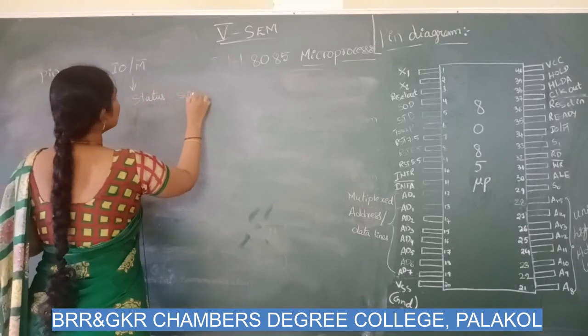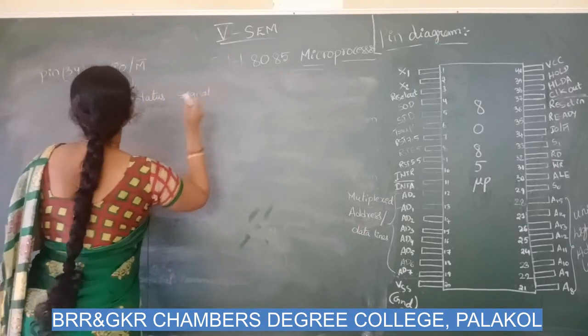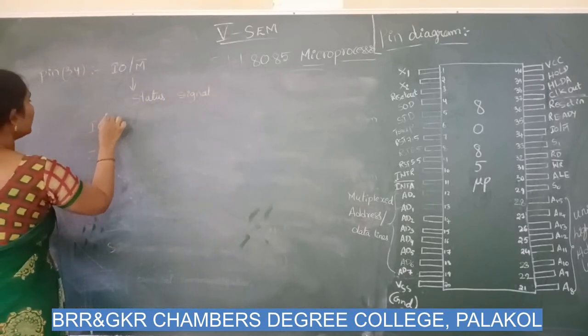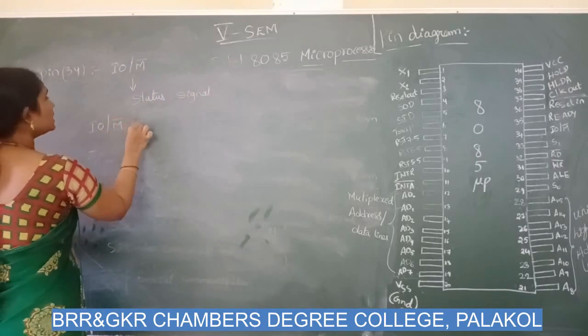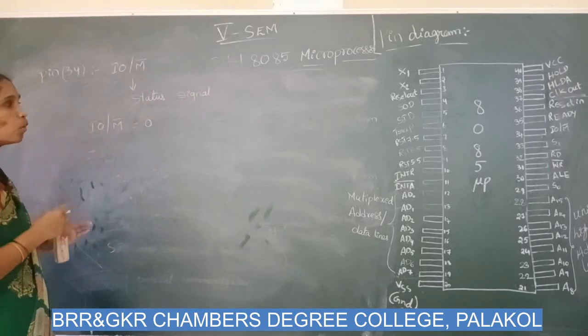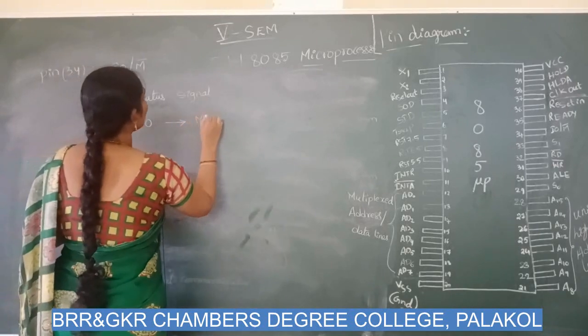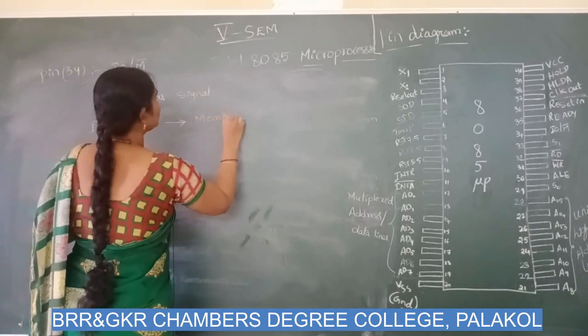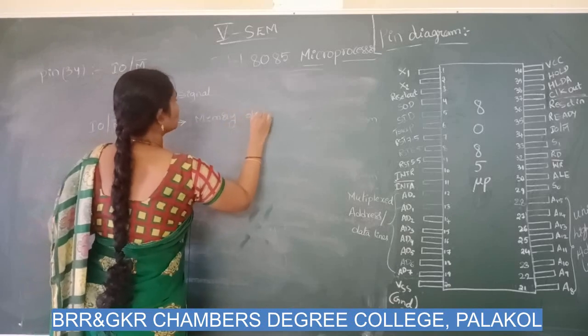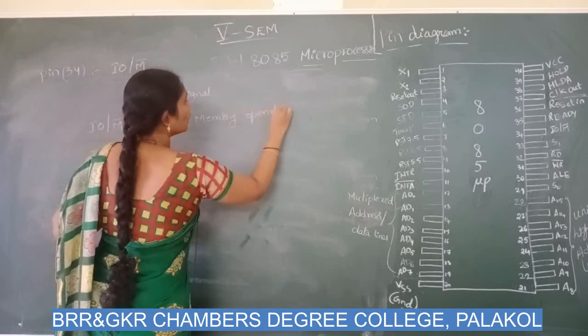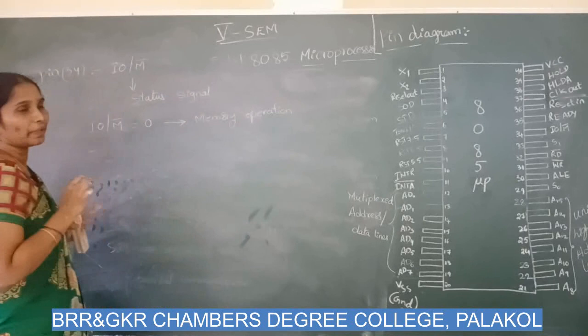If IO by memory bar is equal to 0, it will perform the memory operation.